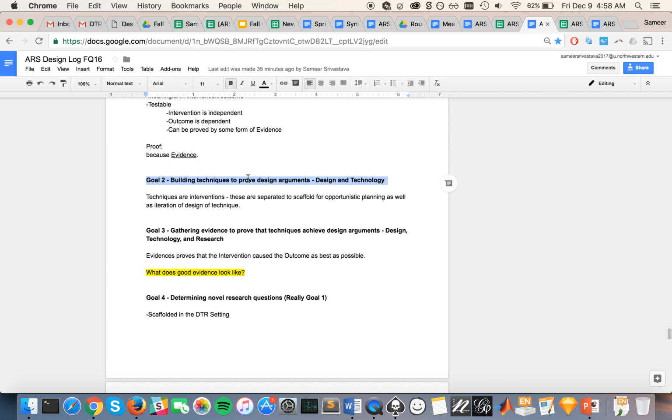Those are your techniques. Those are the mechanisms, I'd say, and then your evidence proves the outcomes of your claims as well as your mechanisms. So another goal is gathering evidence, and then the fourth one, which is really the first one I said, is determining novel research questions.